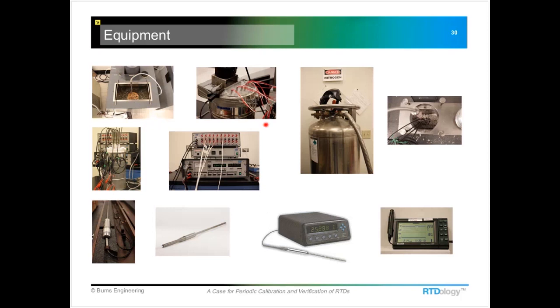Ice bath we talked about, liquid nitrogen source. It's another very commonly used fixed point. This is a salt bath, which doesn't really show a whole lot because it's a liquid salt and it tends to splatter a lot, so it kind of has to be kept under wraps.